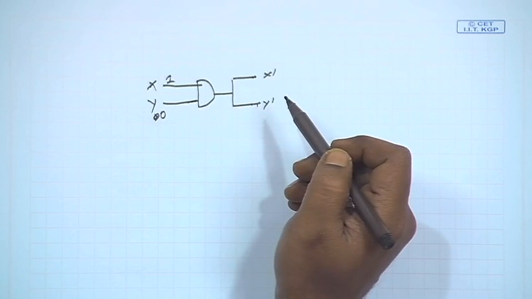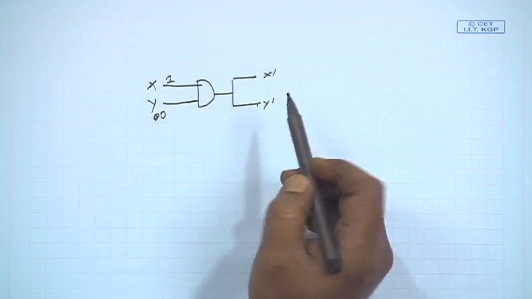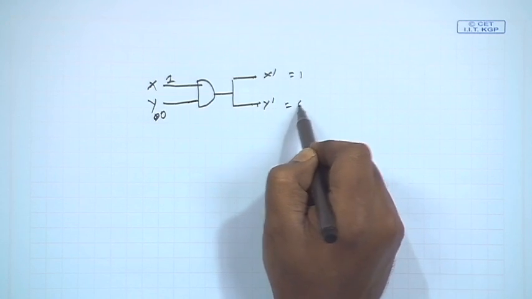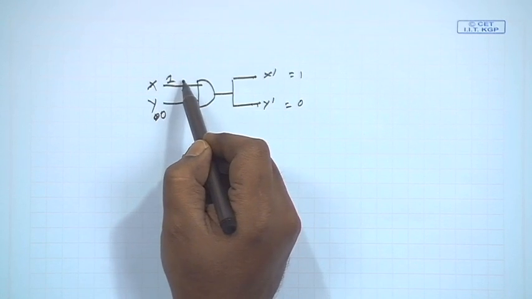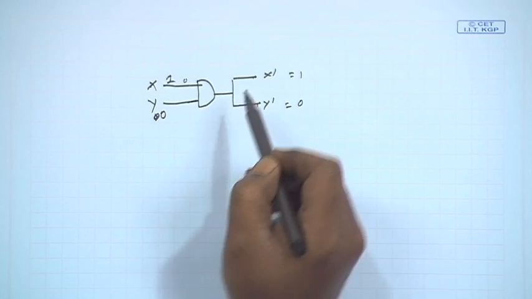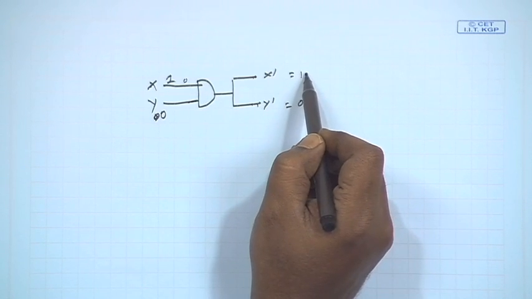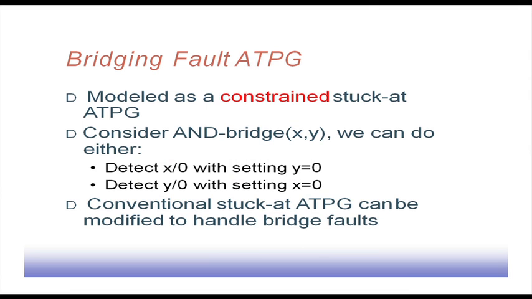If the bridging is not there, then I will get x dash equal to 1 and y dash equal to 0. But if the bridging is there, then this line is also 0. As a result, due to this bridging, this gate output will become 0. That way it can detect this fault, under the constraint y equal to 0.